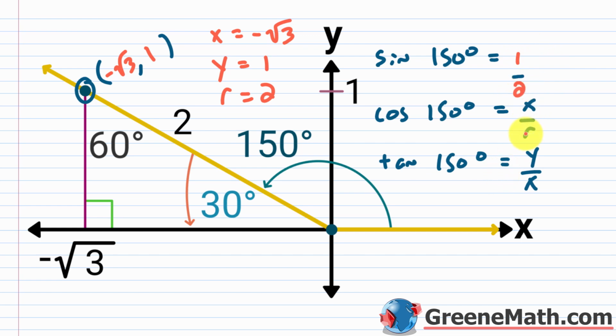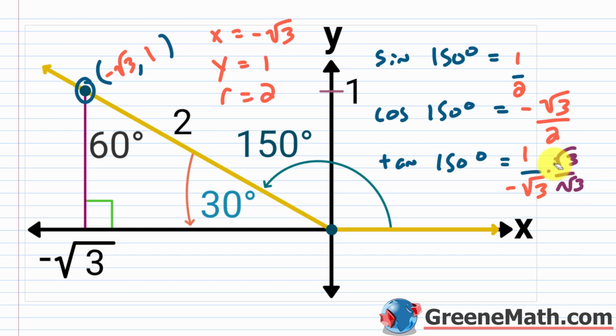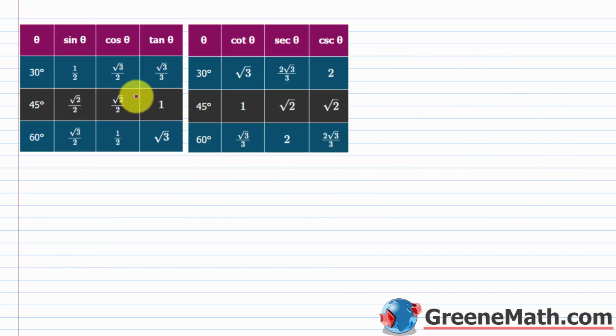Then here we have x over r. x is the negative of the square root of 3 over r, which is 2. And then here we have y over x. y is 1 and x is the negative of the square root of 3. Let me actually rationalize the denominator here, times the square root of 3 over the square root of 3. So this would be the negative of the square root of 3 over 3. Now I want you to think about these function values that we talked about.